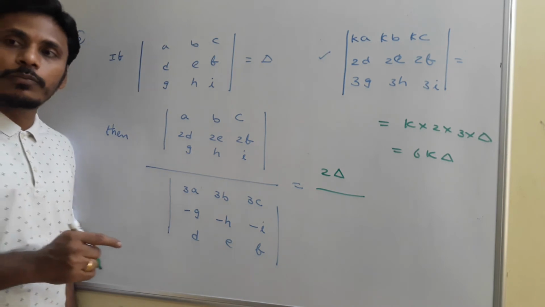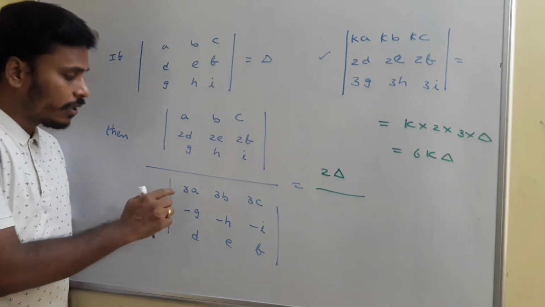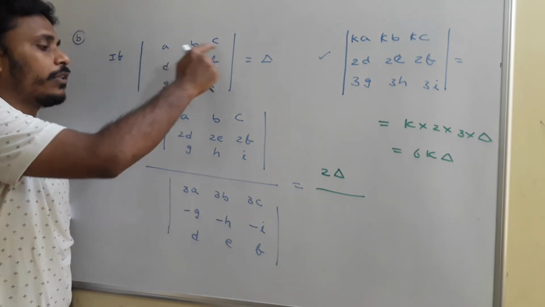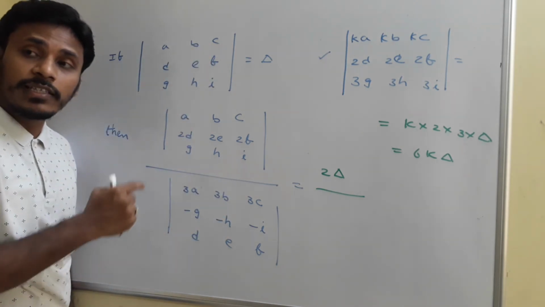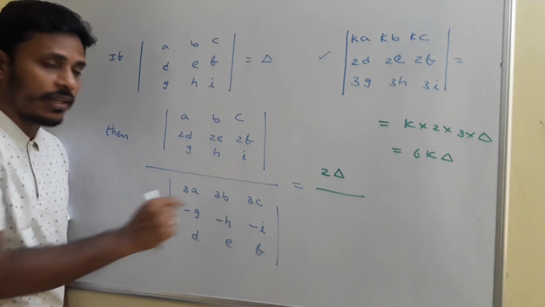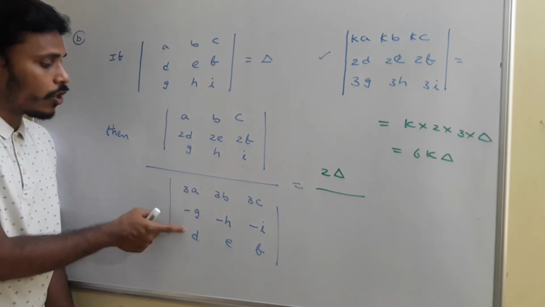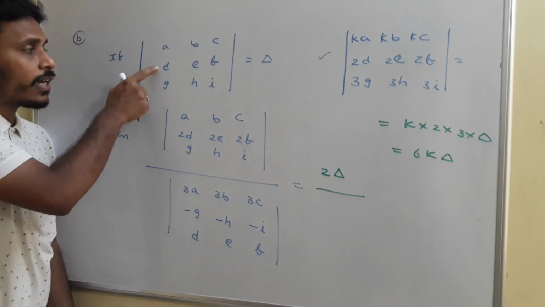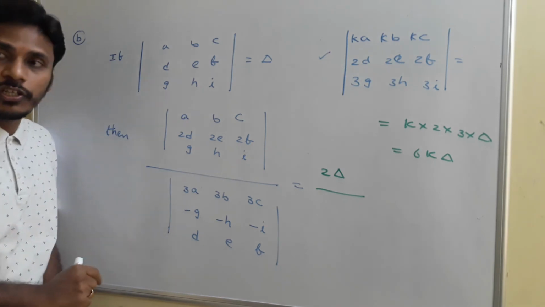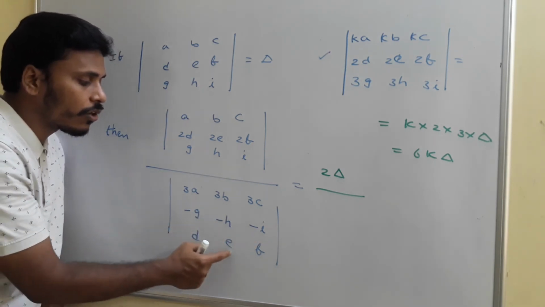And then we need to observe the denominator. For the denominator, the first row is just multiplied by 3, so the determinant is affected by 3. That means we need to multiply this delta with 3 to get the denominator. And then think about the second row and third row. Here the second row is DEF and the third row is GHI, whereas there the second row is GHI and the third row is DEF.